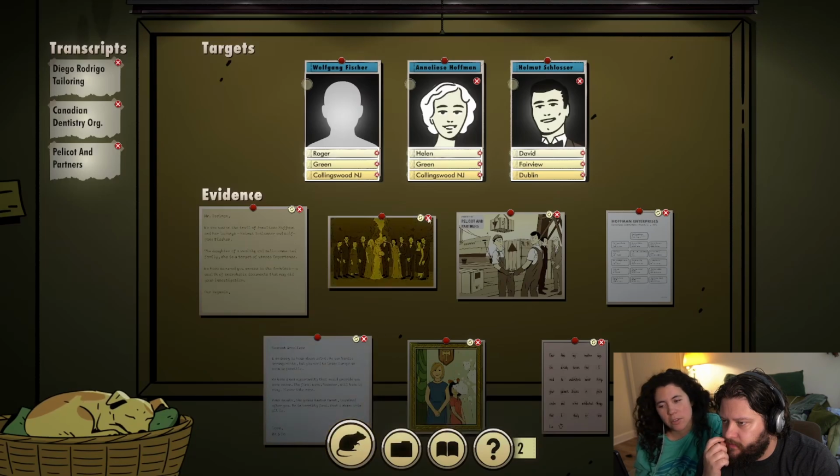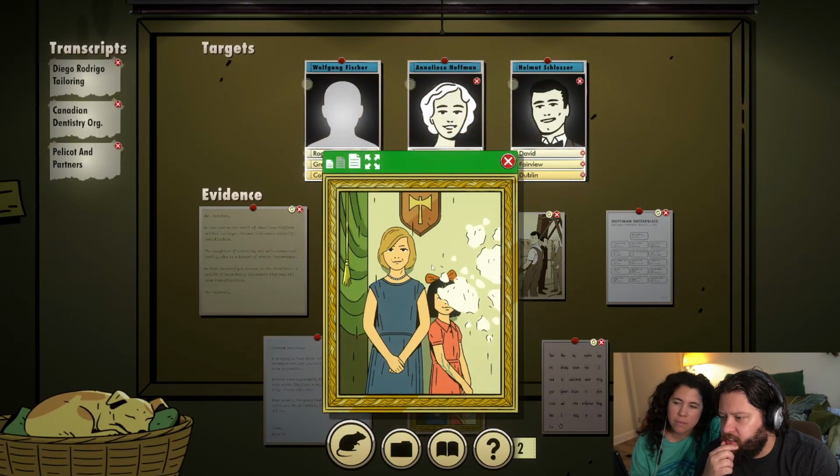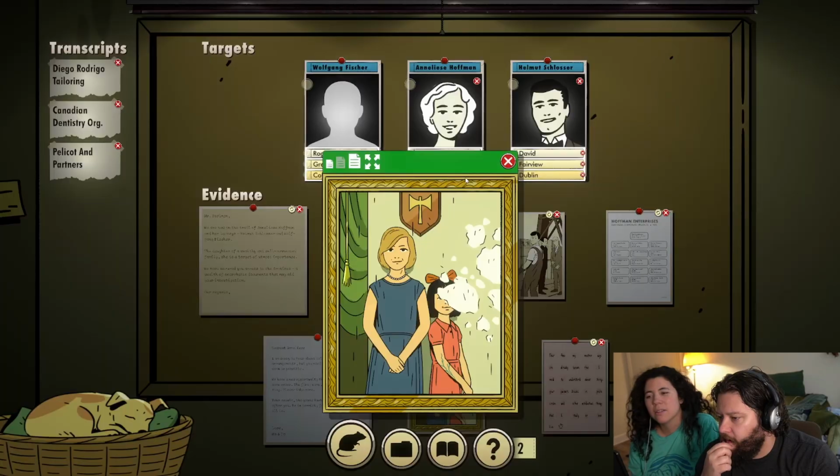What about that picture of maybe potentially young Annalise? This one? Well, I don't think this is a picture of young Annalise because Annalise is blonde.